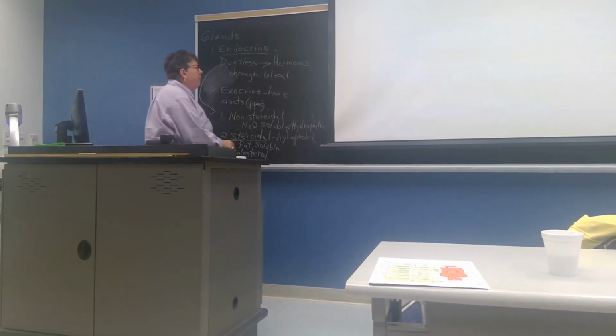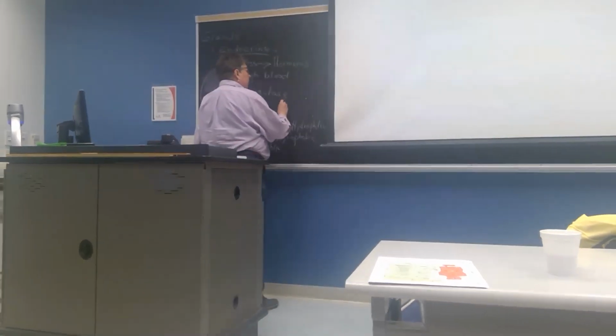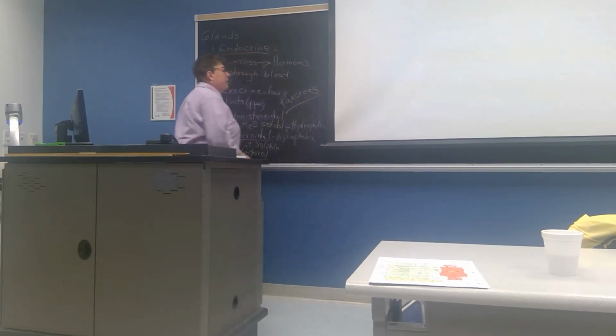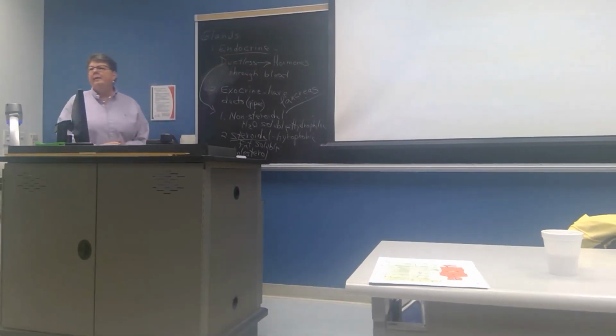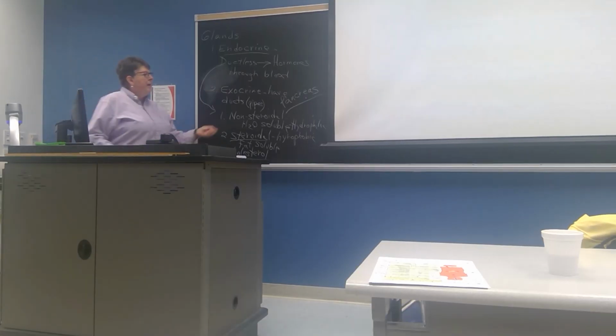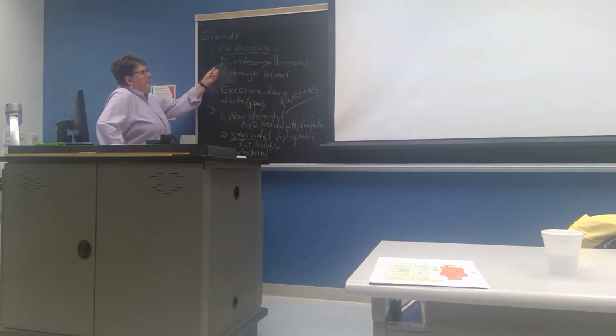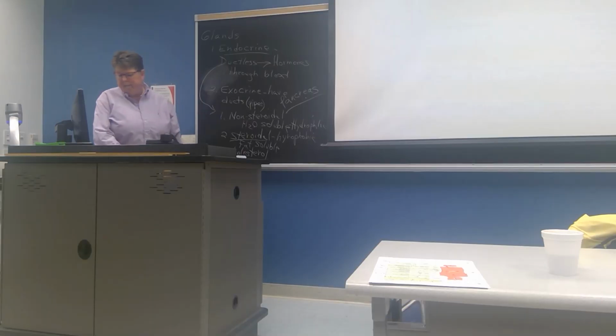And a claim to fame statement is, if I ask you which gland in the body is both an endocrine gland and an exocrine gland at different parts of the gland, it's going to be the pancreas, because it has digestive enzymes that go through ducts, and it has hormones that are produced by endocrine glands.